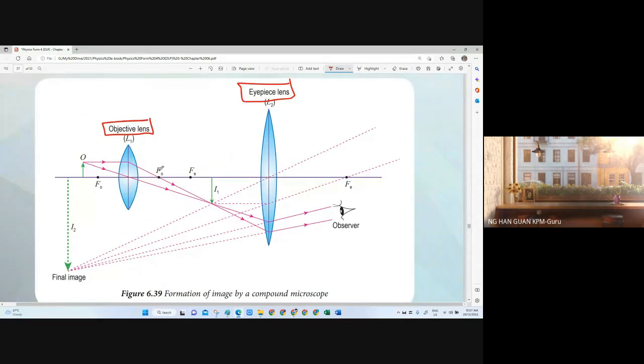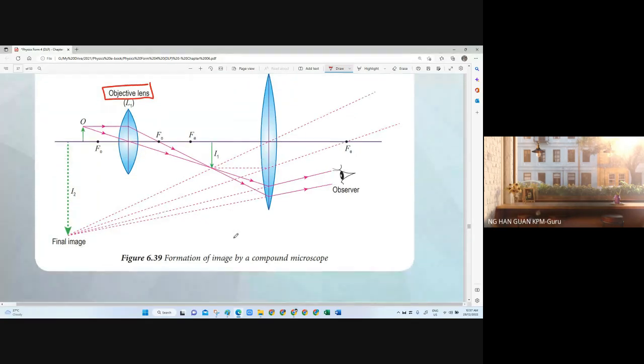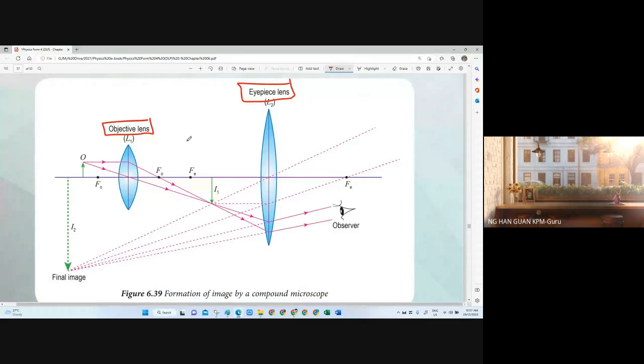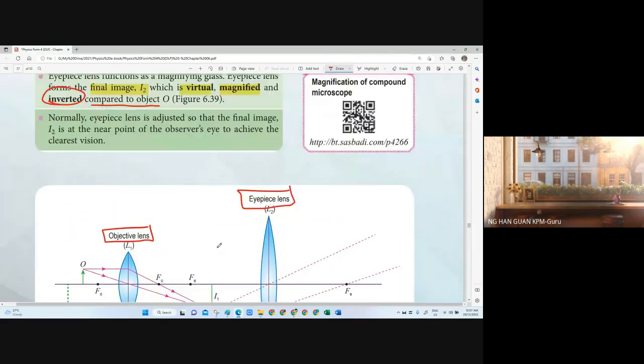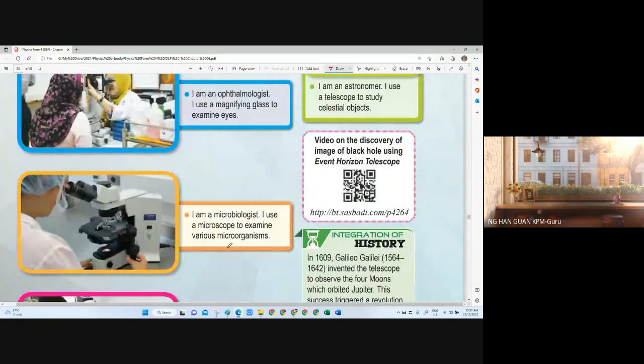But in a real microscope, we don't really have an obvious difference between FO and FE, because both are high power lenses. In this diagram, somehow it shows obviously different sizes. For me, it's not really good to show that, because in real applications we don't have a significant difference. It depends on the power.